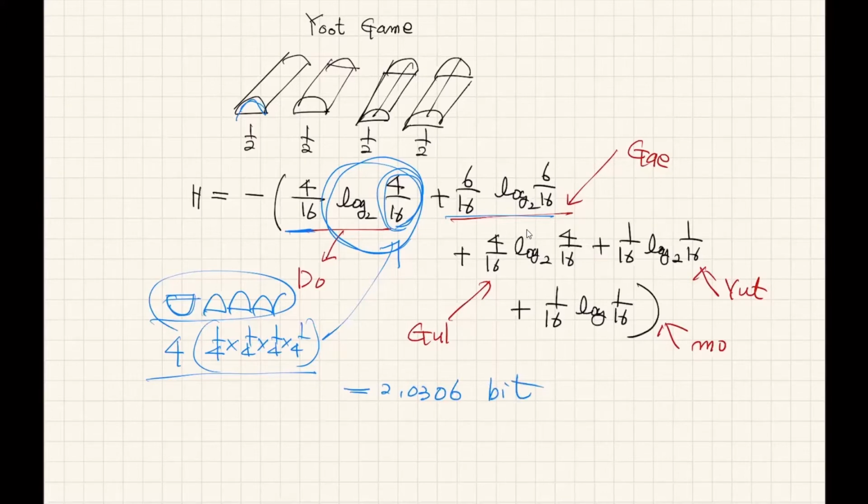I would like to say that if we continue this same calculation for the cube, the number is bigger.